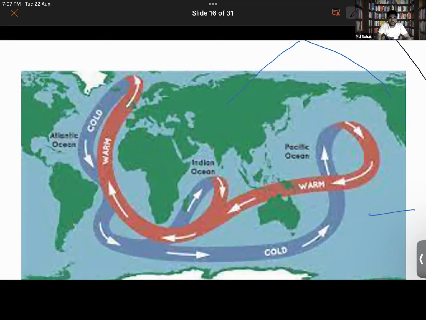Land will heat faster. So for the majority of the year, the net amount of heat is more at land, and for most of the year, water is less hot.